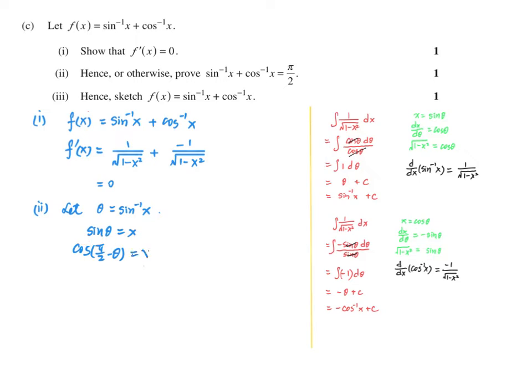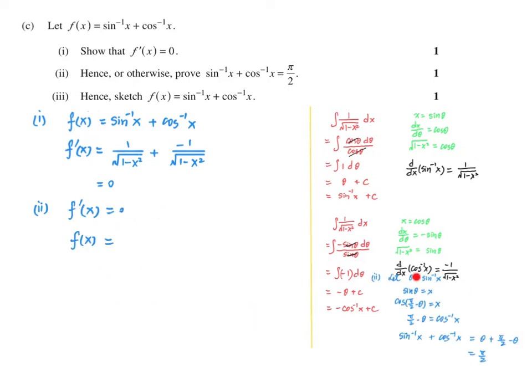It also gives you x, which means arc cosine x should be equal to pi over 2 minus theta. Therefore, arc sine x plus arc cosine x should be equal to theta plus pi over 2 minus theta, which gives you pi over 2.